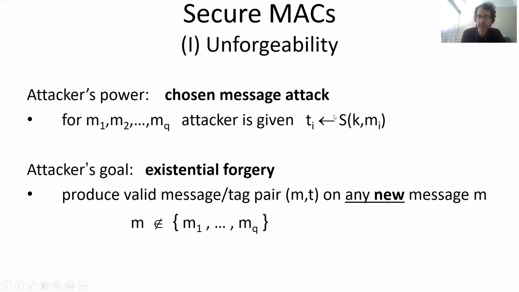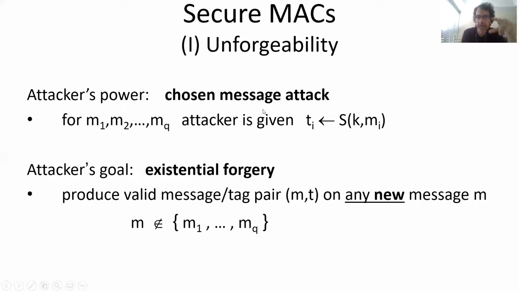And after this learning phase, can the attacker forge a valid tag on any message that is not among those that were already tagged, right? Because he can obviously resend, so he can take any message-tag pair that was observed before and send that, and of course that will be accepted, just by correctness of the algorithm.